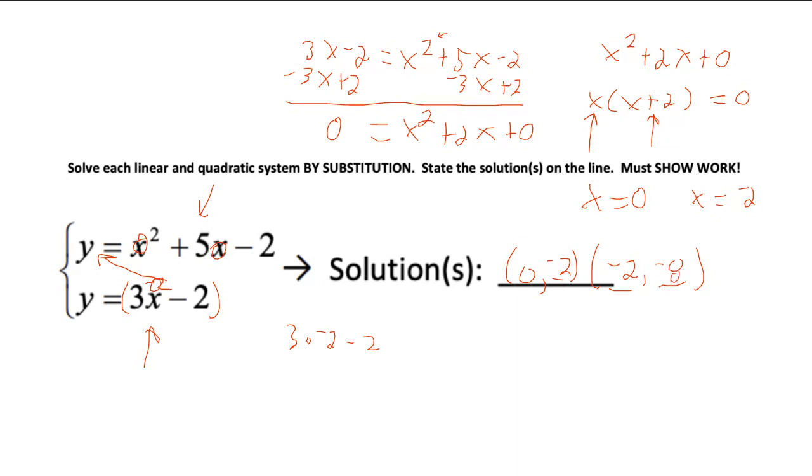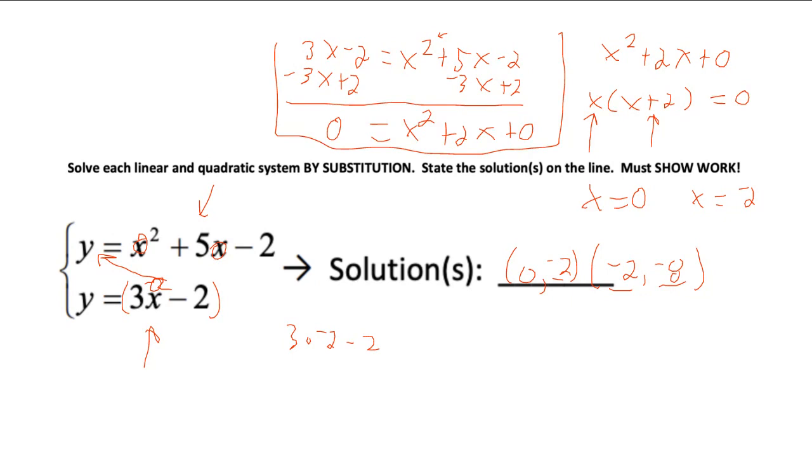Now, that is the work that I'll be looking for this week. How could you check your answer? Graphing. That's exactly right. If you graph this out and it doesn't cross at (0, -2) and (-2, -8), you did something wrong.